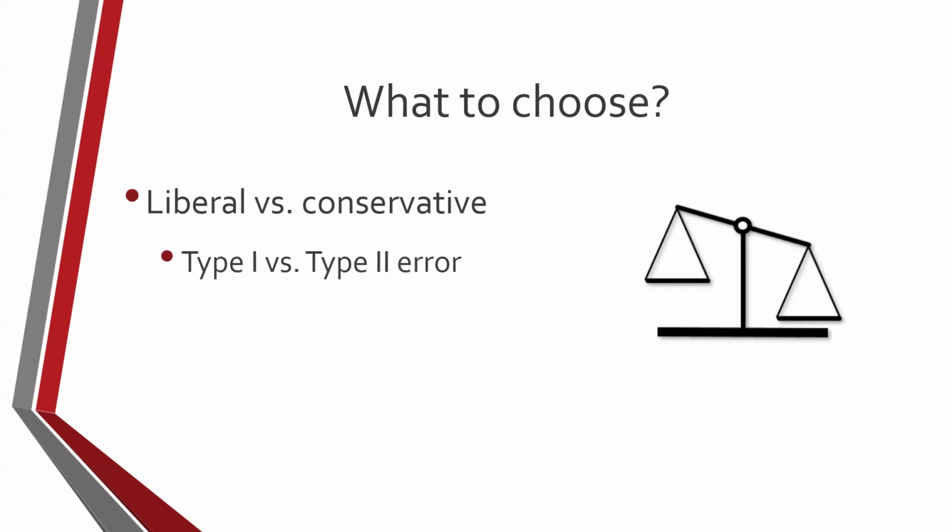Looking at the mean comparison tests, you can classify them by how liberal or conservative the test itself is. This means that a test can be more likely to report a false positive, or a type 1 error, or a false negative, a type 2 error, respectively.